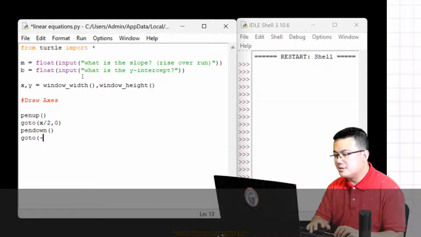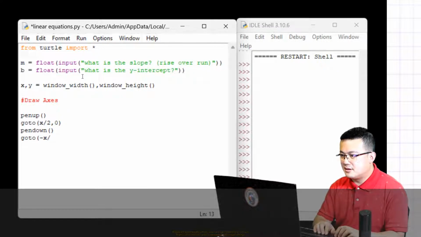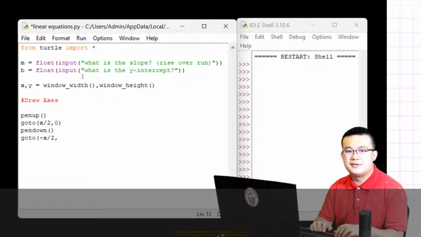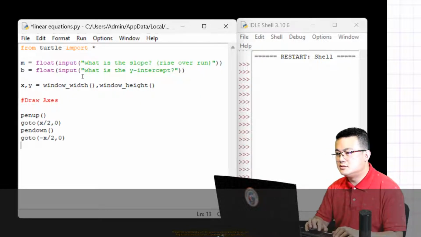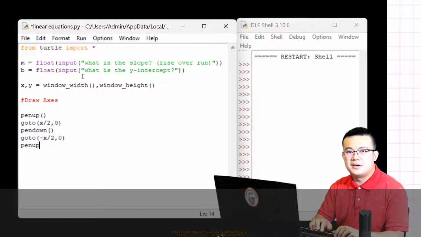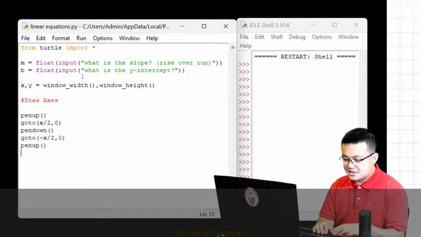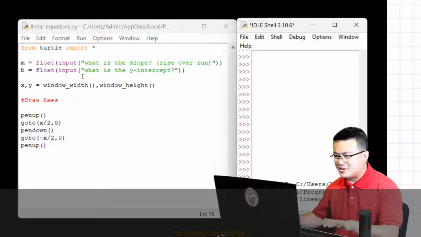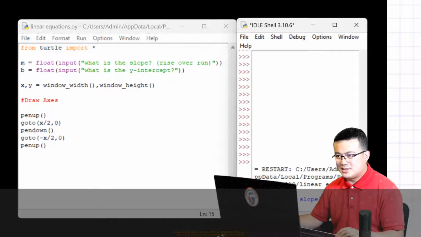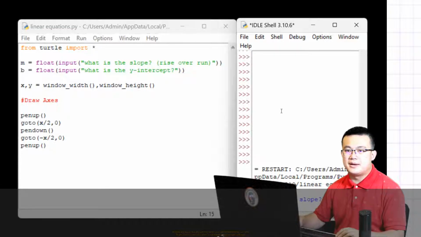Go to minus x over 2, 0. Pen up. All right, I'm just going to save this and then run it just to make sure that we are on the right track, okay? Just running.